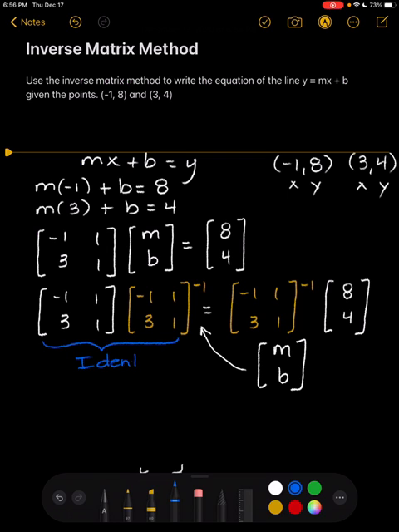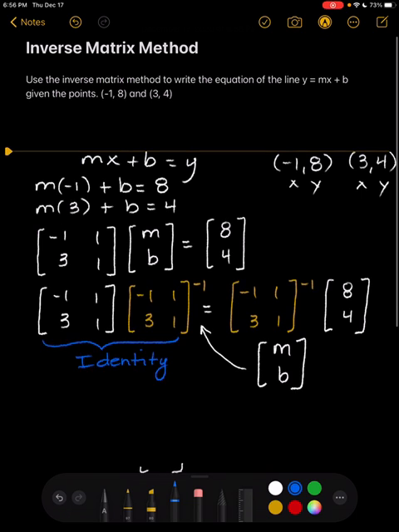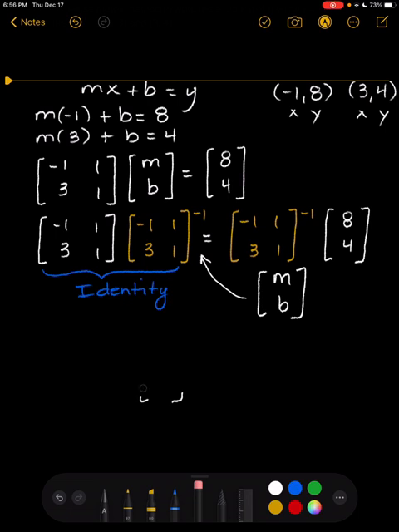What you guys like to say, it cancels out. But what we did there is purposely multiply both sides by the inverse to isolate the m and b matrix that I had forgotten to write.